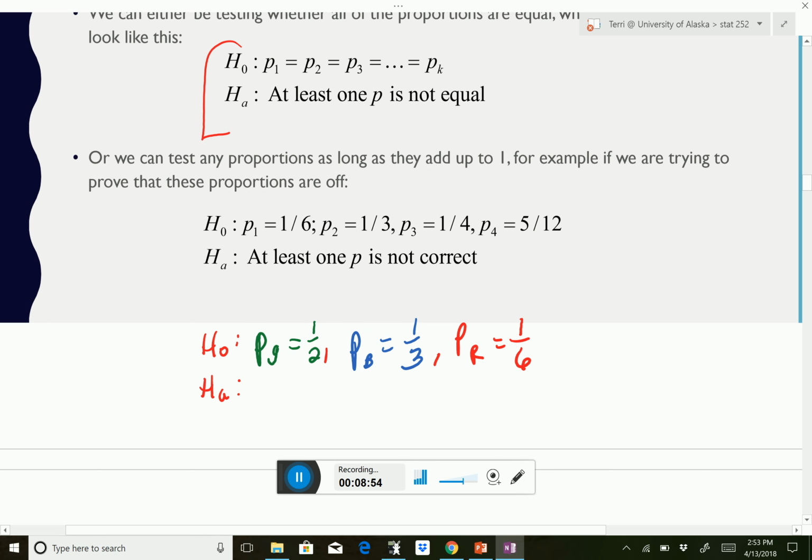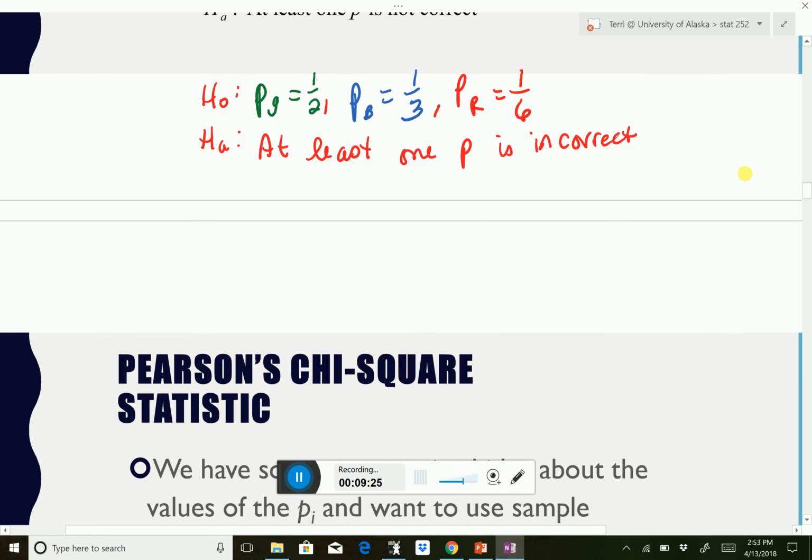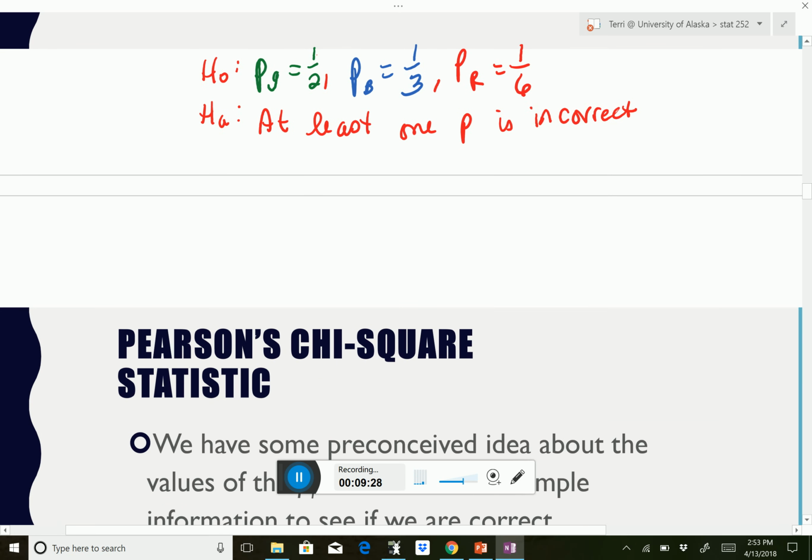And our alternative hypothesis is just at least 1 P is incorrect. And it's weird. We don't say these are not all equal. We just say at least 1 is off, which actually in this case would have to be at least 2 off, because, of course, they're dependent on each other. Because this last one is 1/6, because this is 1/2 and 1/3, right? It has to add up to 1. So at least 1 P is incorrect, which really is, like I said, at least 2 are.